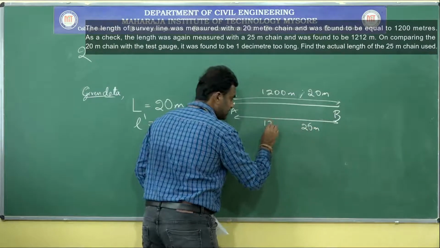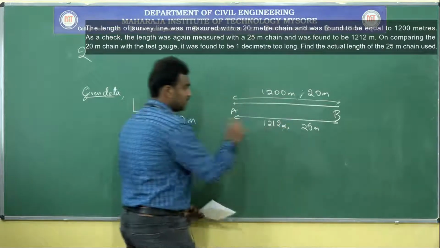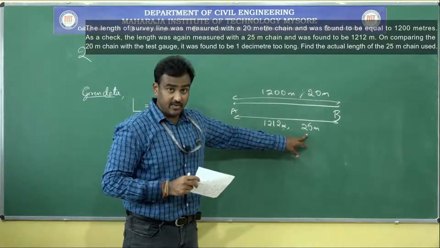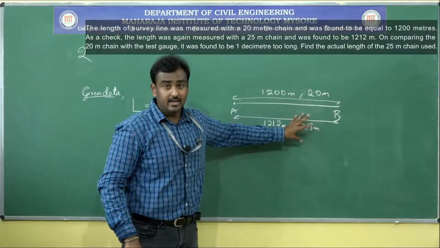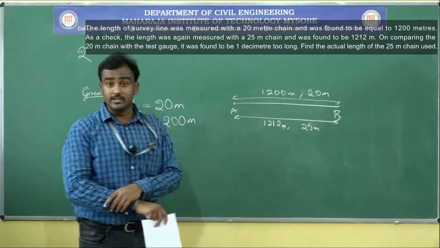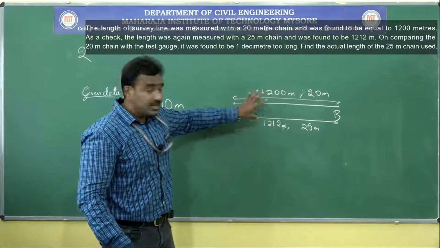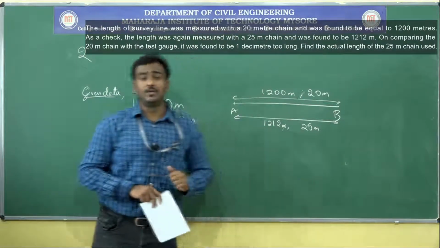Then they got this distance, so now the ambiguity arises. Whatever chain length you use, if the chain length is correct for the designated length, then you should get the correct true length. But it is differing, so the ambiguity arises. In such cases, we need to find the true length.